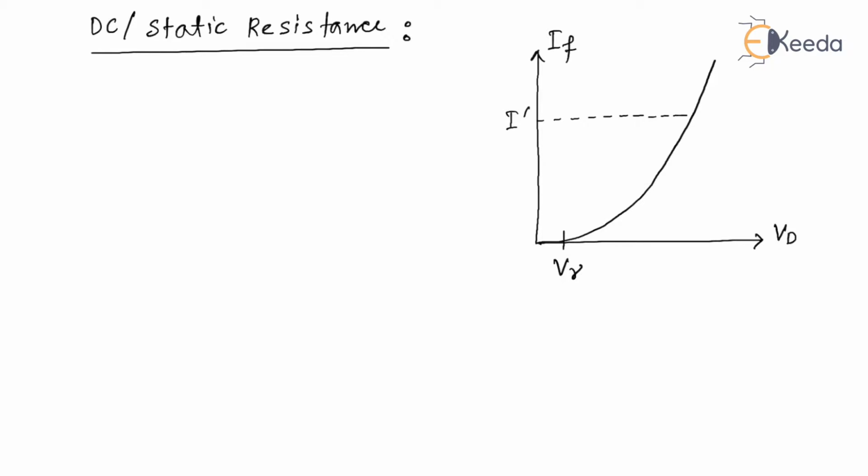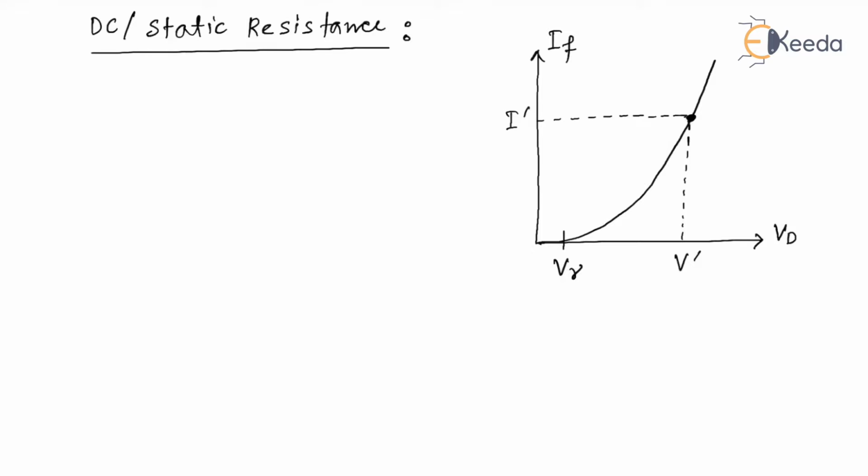Now, if I take any point on IF and draw a parallel line to the VD axis, let us assume this current as I dash, and it will cut the characteristic at some point. From that point, if I draw a parallel line to IF, it will cut the VD axis at some point, let the name be V dash.